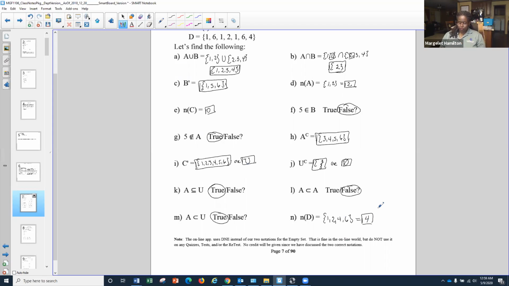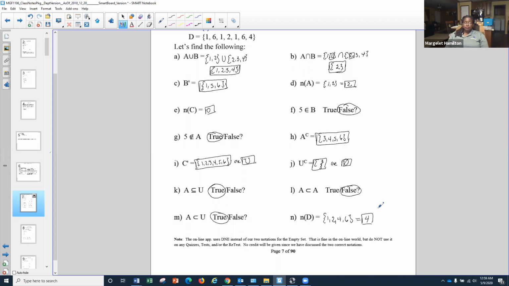So remember, on the test, pay attention to what they're asking you. Make sure you know the definitions and the meanings of your signs, the symbols, the words, all right? Because they can give it to you in any combination, right?